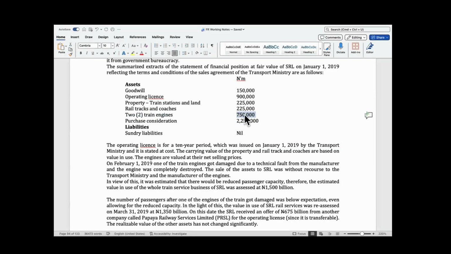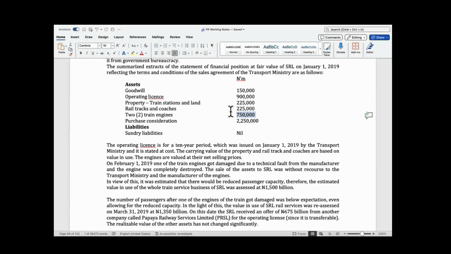If you see that in an exam, I will immediately know that if it gets to a point where I have to impair these assets as a CGU together, I cannot impair this train engine below this 750. I cannot impair it any further because it's already reflective of its recoverable amount. That's the net realizable value.